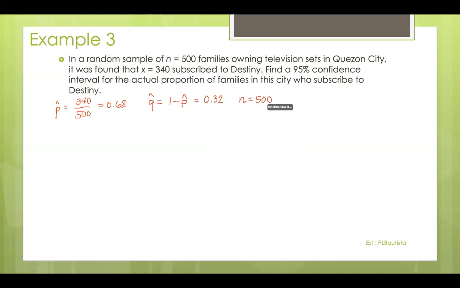And we want a 95% confidence interval, which means alpha is equal to 0.05. So we are looking for Z of 0.05 over 2, which is Z of 0.025. And again, you can check with your Z tables that this value is equal to 1.96. So plugging in to our formula, you have the following.